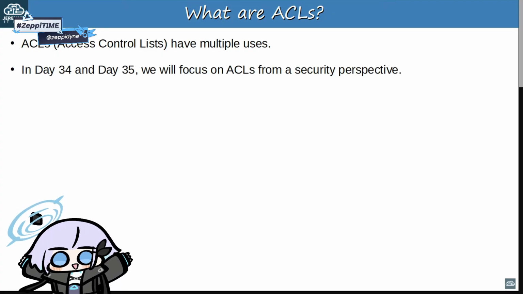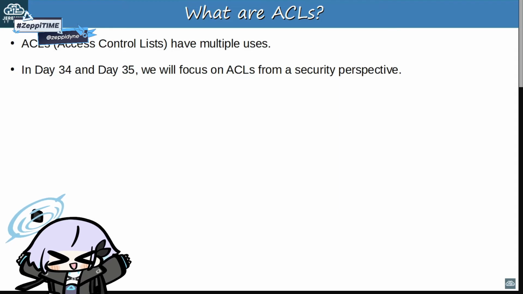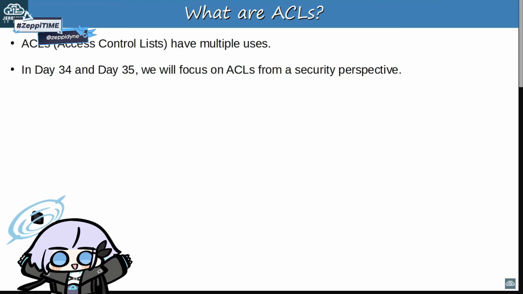So, like I just said, controlling which devices have access to which parts of the network. However, although that is the main purpose of ACLs, that's not the only purpose. Later in the course, you'll see some other uses of ACLs. But for now, we'll focus on ACLs from a security perspective.